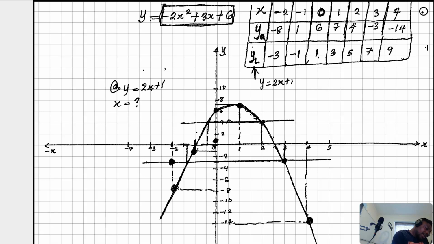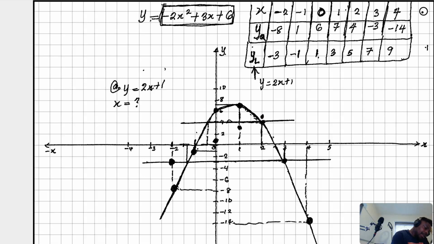Okay? When x is 1, y is 3, which is here. When x is 2, y is 5, which is here.